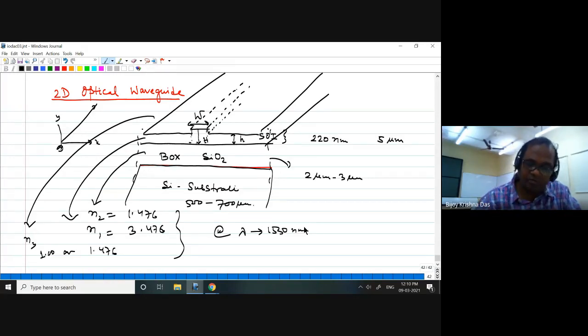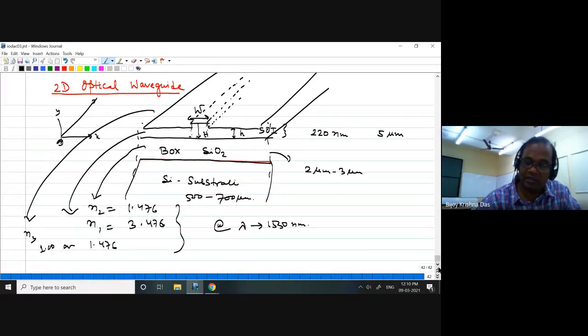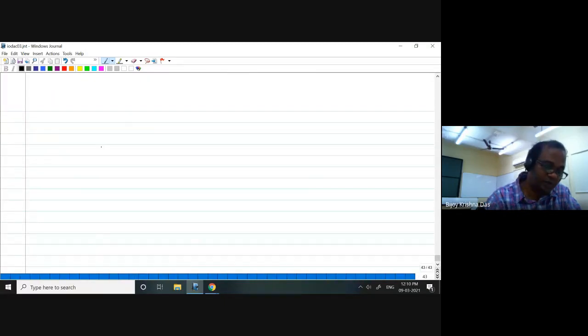Okay, I will make a little bit simpler diagram for this. That would be helpful for analysis or discussion purposes, but ultimately the device structure will look like this. So a simpler structure I can go for is like this. You have this one, a little bit bigger I make, and you have this one.